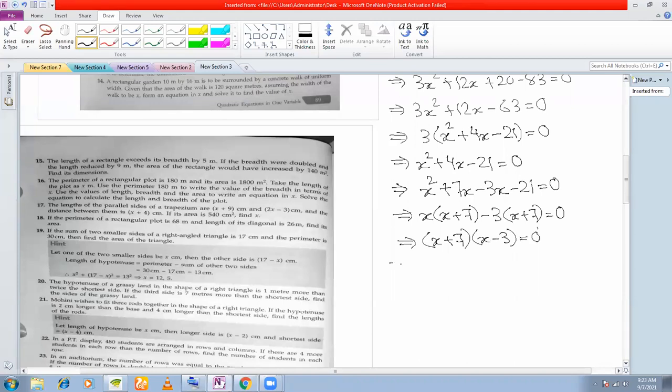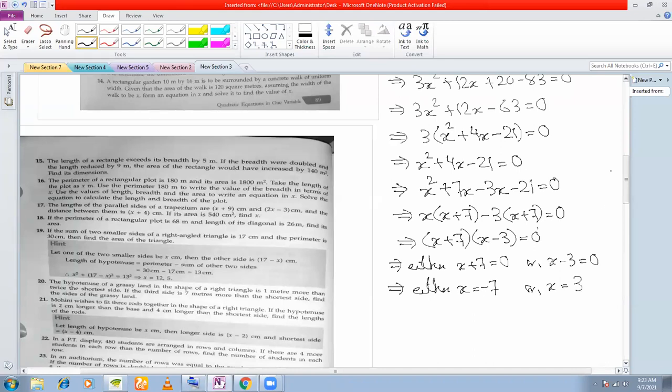Okay, so you get either x plus 7 is equal to 0 or x minus 3 is equal to 0. Means either you get x is equal to -7, or you get x is equal to 3.